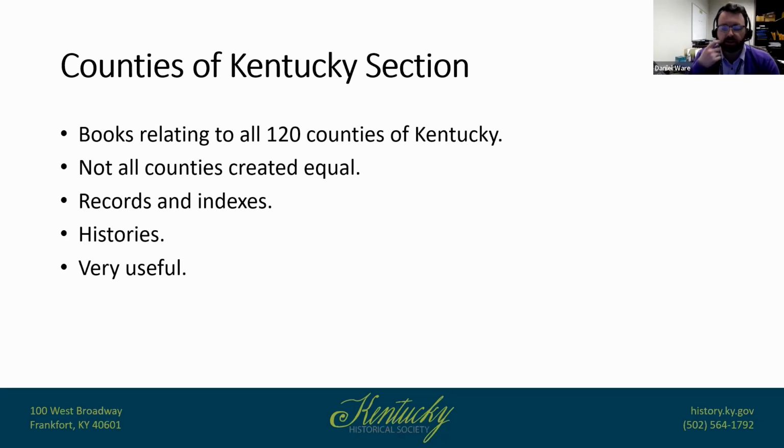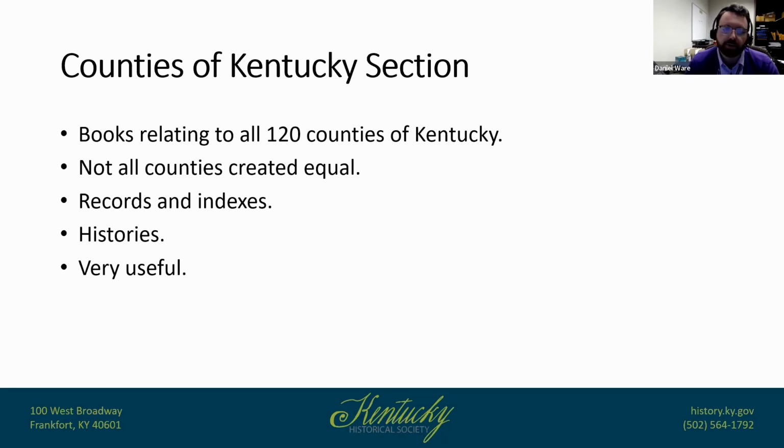And a lot of stuff in this area is going to be physical book versions of certain records, like birth records, deeds, marriage records, things like that. Or we may just have indexes. So I do look in this section a lot, trying to find a record or at least an index.